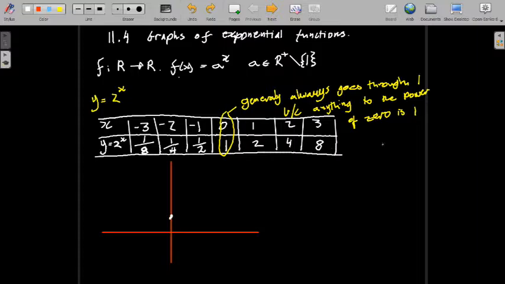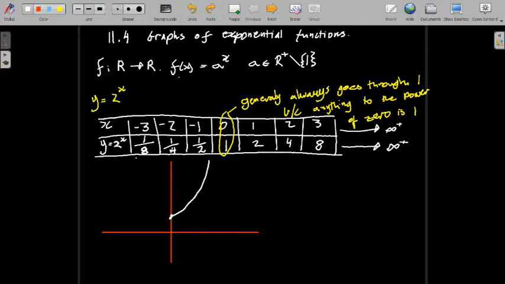If you have a look at the numbers as we increase, so 1, 2, 3, all the way up to positive infinity, all these numbers here are going to go to positive infinity as well, just at a quicker rate. So everything on the right hand side is going steadily up towards infinity as we increase our x values.